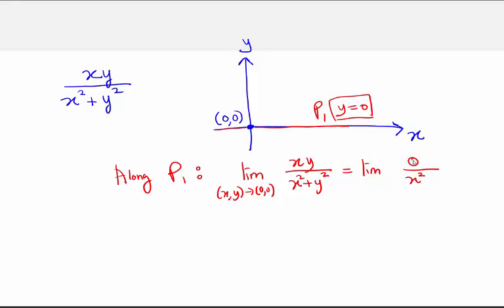This expression is well defined because x is approaching 0 but is never 0. Hence, x squared is some positive number and 0 over x squared is always 0. Therefore, the limit of our function along P1 at the origin is 0.